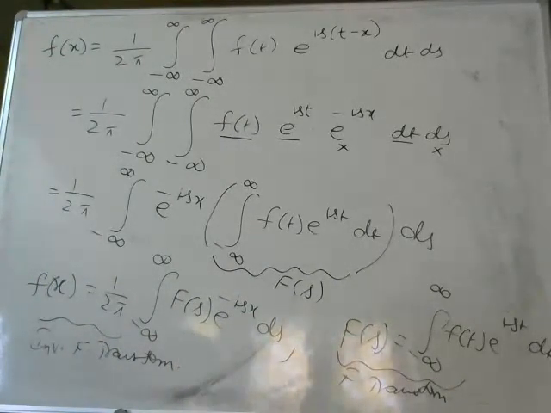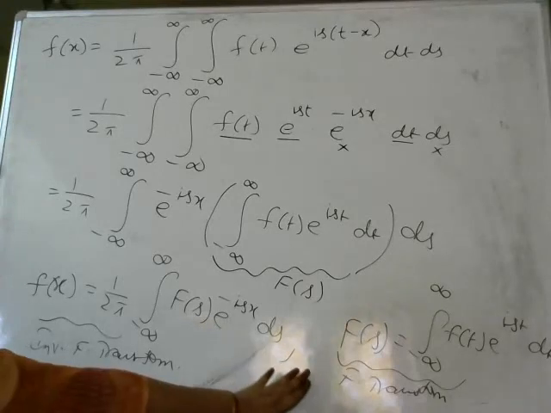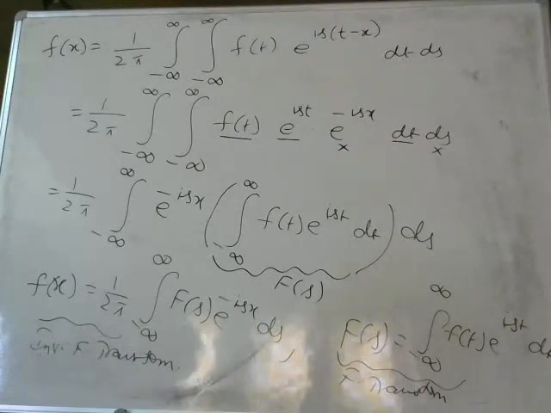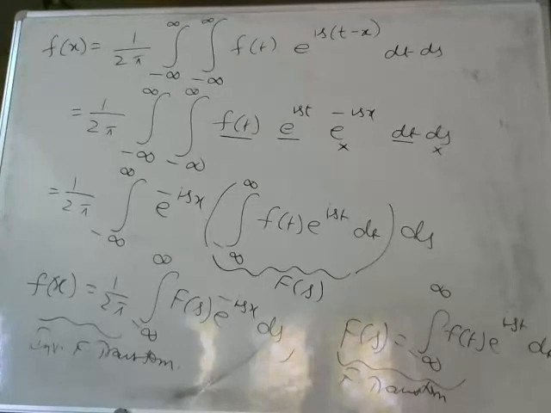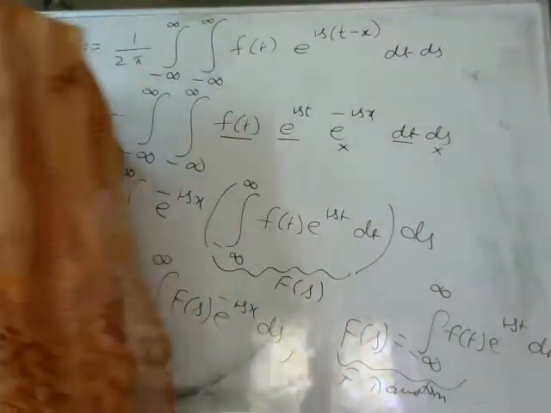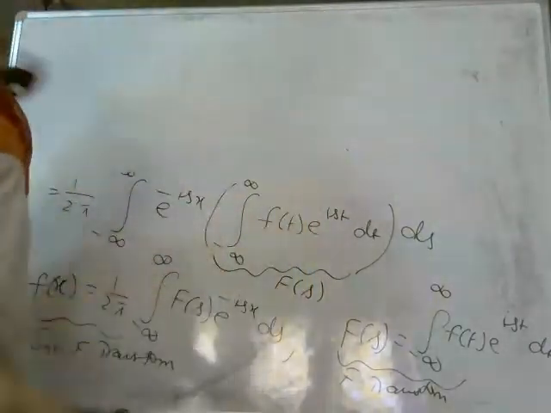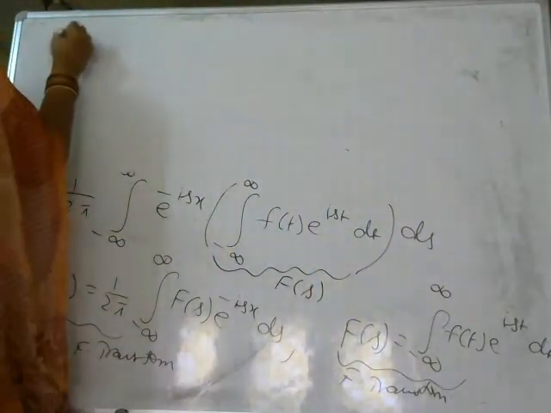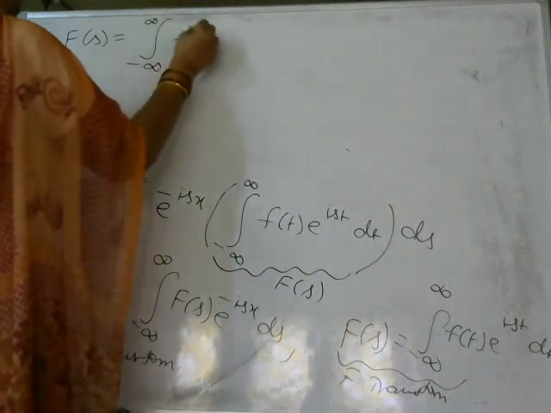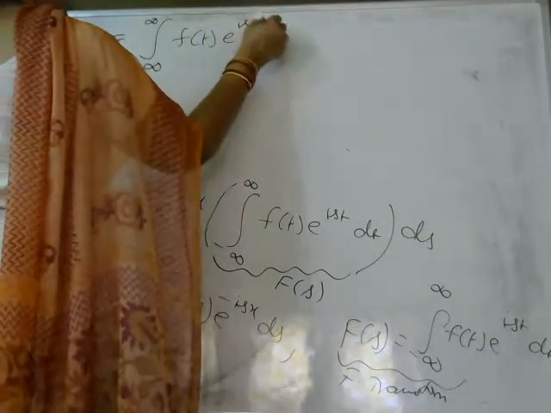Just like Laplace transform, inverse Laplace transform, in the same way, here we have Fourier transform as well as inverse Fourier transform. So these two are the most important formulae you have to remember, and we apply these formulae to solve the problems in the exercise. Okay, we'll write down clearly over here. F of s means integral minus infinity to infinity f of t e to the power of ist dt.